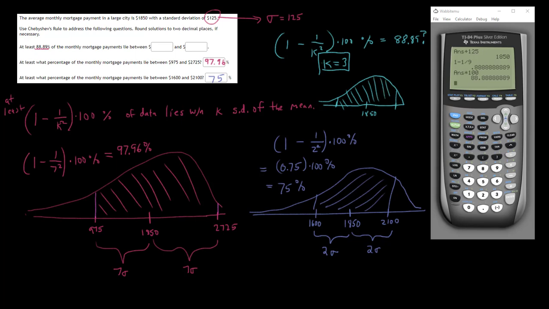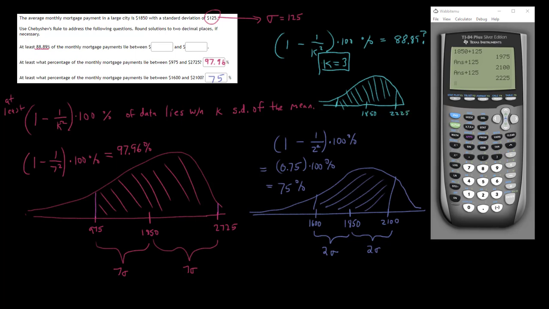And let's see, what is 3 standard deviations above 1850? So 1850 plus 1 standard deviation plus 2 standard deviations. So there is plus 2 standard deviations. There is plus 3 standard deviations. So this upper bound is 2,225.